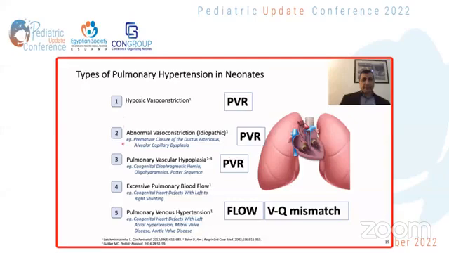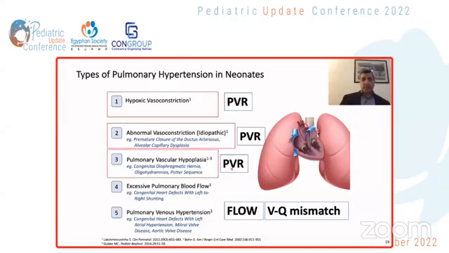So we have the first three types here: hypoxic vasoconstriction, which is typical pulmonary hypertension like PPHN, or abnormal vasoconstriction due to premature closure of the PDA in utero, or pulmonary vascular hypoplasia like in congenital diaphragmatic hernia. The first three types are associated with increased pulmonary vascular resistance, and we may consider using a pulmonary vasodilator like nitric oxide in all of these etiologies.